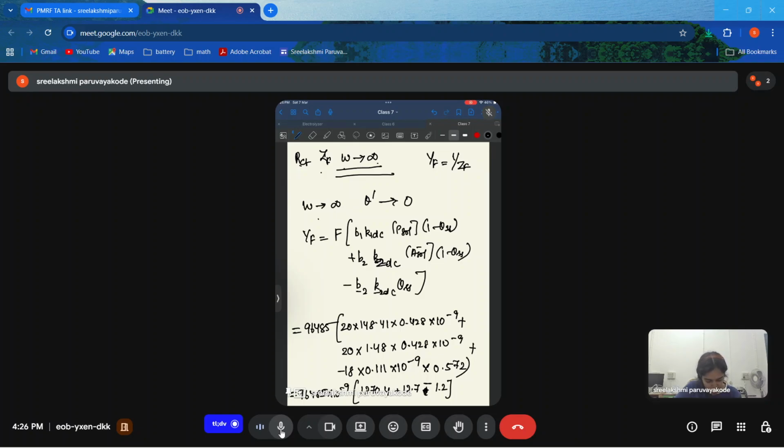Now find out the entire value. So let's do it: 1270.4 plus 12.7 minus 1.2. You get an answer multiplied by 96,485 into 10 to the power minus 9. So this entire thing when I did, I'm getting 0.12.